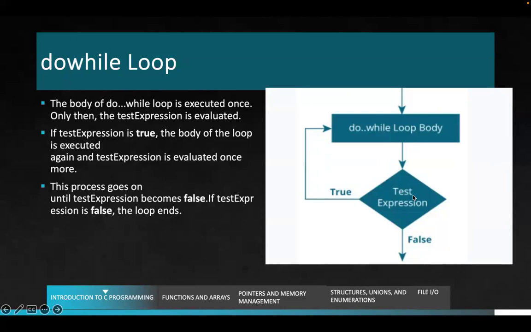It's very simple: do while means do this first, then go to the test expression and check. If it is true, only then go again. This process goes on until the test expression is false. If the test expression is false, then it will automatically end.